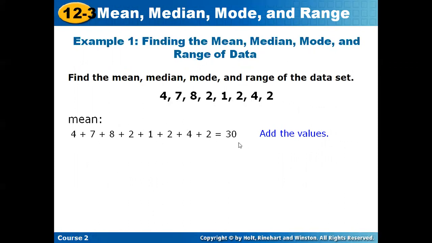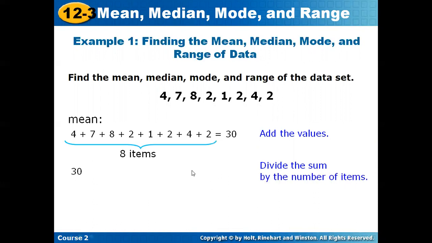The sum is 30. Then divide the sum by the number of items. That is 8 items. We have 1, 2, 3, 4, 5, 6, 7, 8. So we're going to divide 30 by 8, and the result is 3.75. So that 3.75 is your mean.